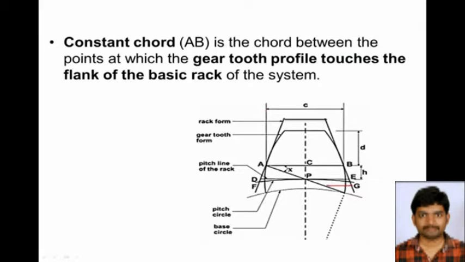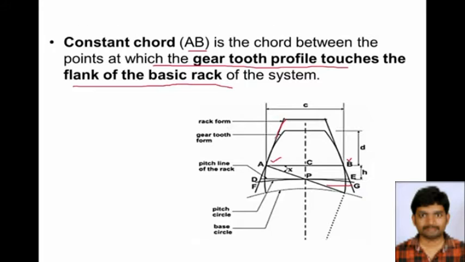Okay, now in this diagram C is a constant chord. It is the distance between point A and B. We have point A and B here. A constant chord is the chord between the points at which the gear tooth profile touches the flank of the basic rack of the system.